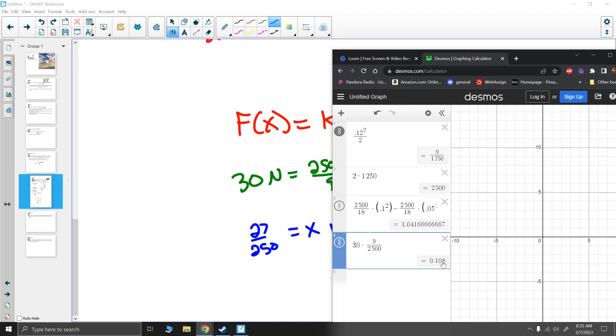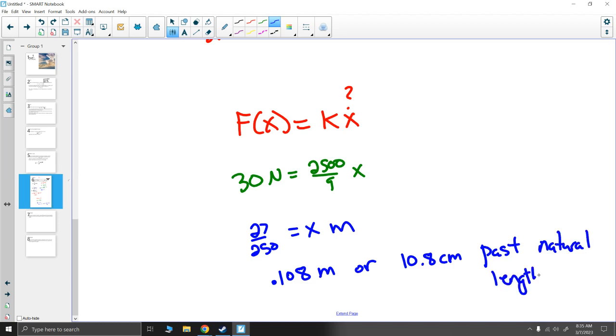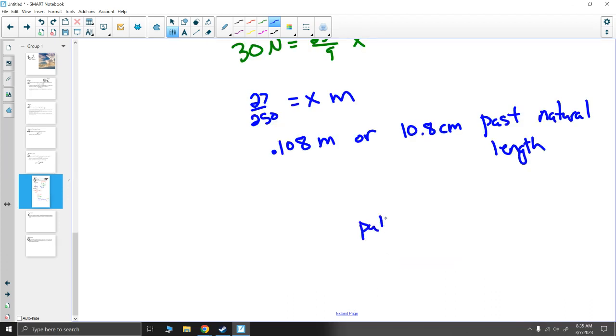So 0.108, or if you think about that, that's 10.8 centimeters past the natural length. So that is to say our natural length was 30, so we can pull it to 40.8 centimeters if you think about that. All right, let's do another one.